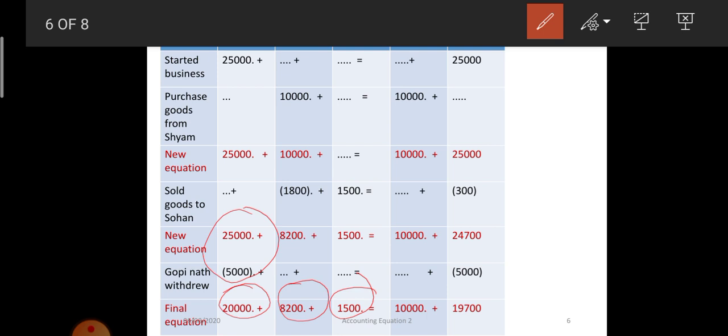Debtors stand at rupees 1500 and creditors at 10,000 and capital is 19,700 rupees. Check the total of both the sides. It's 29,700 rupees on the asset side as well as on the liability side. So the accounting equation stands correct.